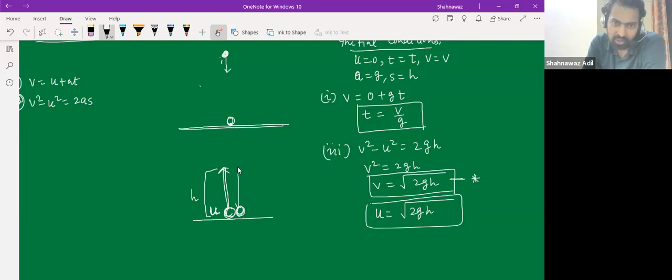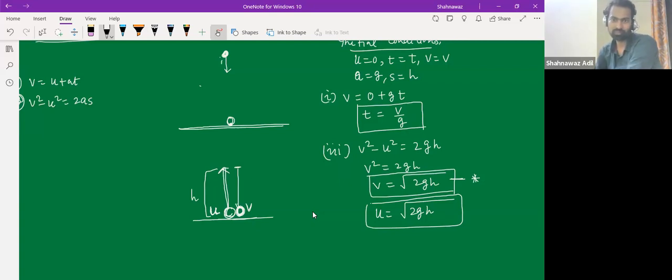Its initial speed has become 0, and now it starts to drop. It will strike the ground with some velocity, and that velocity would be equal to what? That is what I was inferring in asking this question.